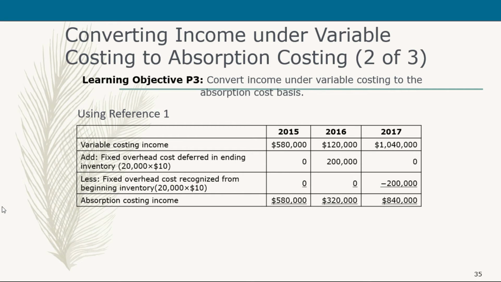While in your beginning inventory, since we have units sold of 80,000 and we only have units produced of 60,000, we can assume that the remaining 20,000 comes from your beginning inventory.